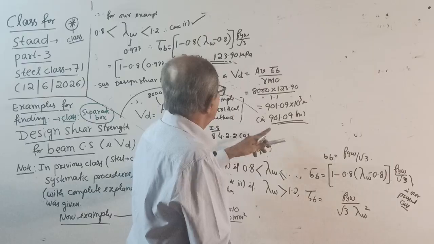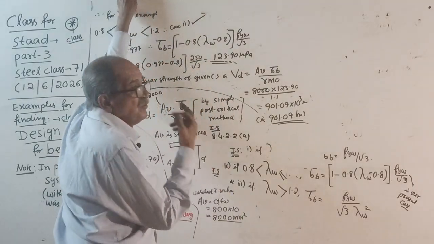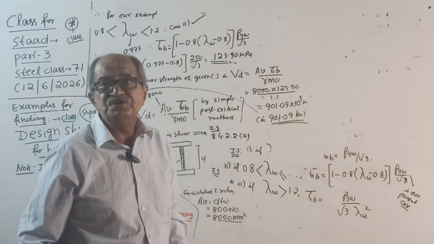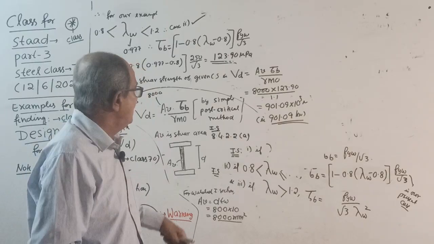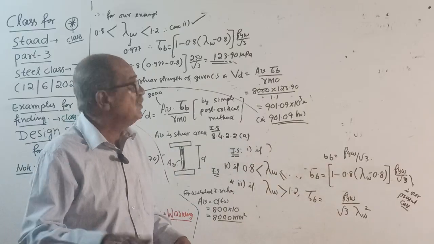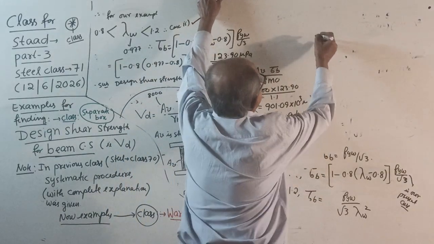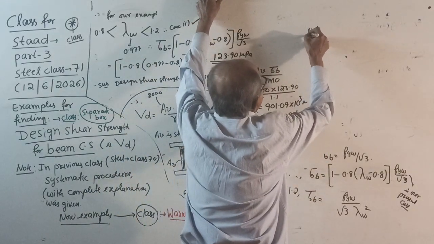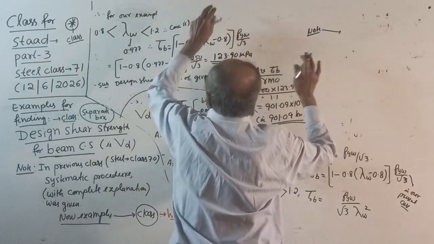Okay, over. See, remember now, when web is susceptible to shear buckling, three cases are there. We got second case, first case, third case also clear for you. Now you can make a note if you want, only those who want concept.